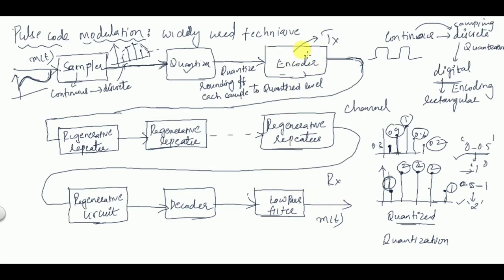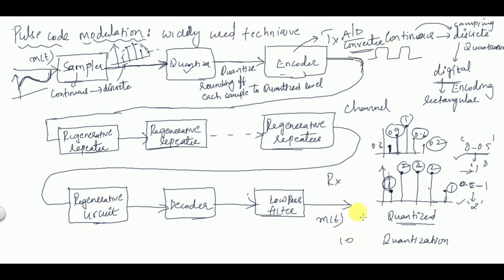Then the encoder. The encoder is an A to D converter. It converts the rounded off amplitudes, the quantized amplitude values, into corresponding bits, that is ones and zeros.